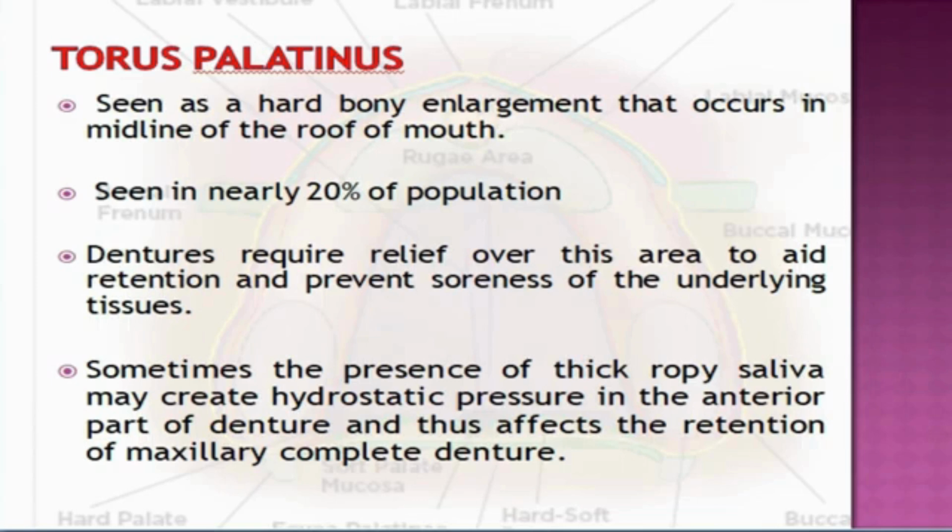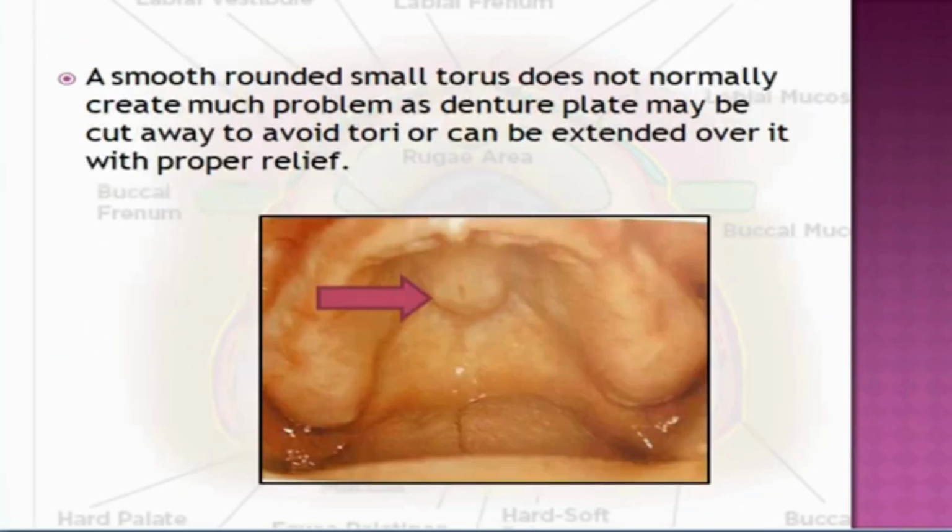Torus palatinus. It is seen as a hard bony enlargement that occurs in the midline of the roof of the mouth, seen in nearly 20% of the population. The area is covered by a thin layer of mucous tissue over the bone, while the surrounding tissue is mostly soft, loose and flabby. Denture requires relief over this area to aid in retention and prevent soreness of underlying tissues.